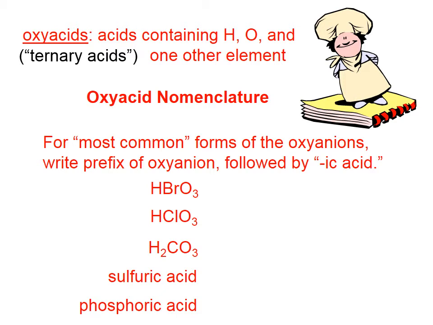And those are the bromate ion, the chlorate ion, the iodate ion, the nitrate ion, carbonate, phosphate, and sulfate. Those are the most common forms. And you can see that in these first 3 examples, we have 3 of those most common anions.